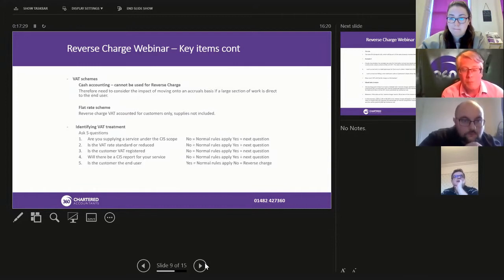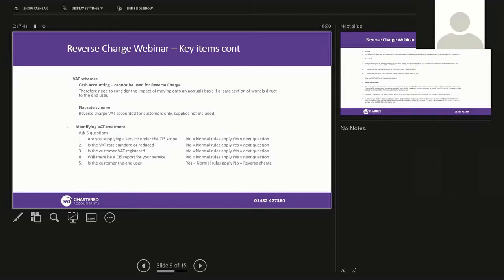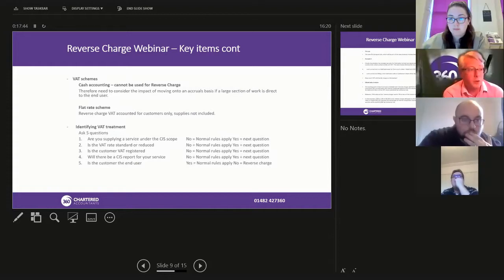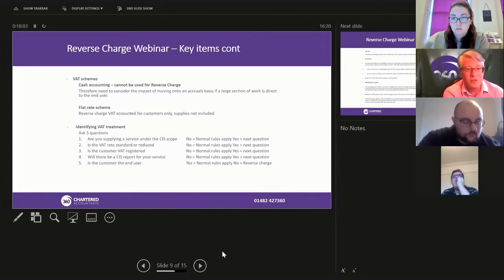So it can be a disadvantage to use the flat rate scheme, whereas previously you could get an advantage if you were charging your customer the normal rate of VAT, but you're only paying VAT over to HMRC on the lower rates, depending where you are on the percentage under the flat rate scheme. Both of those schemes you need to have a look at, going on traditional methods, and see how the cash flow advantage or disadvantage applies. But again, we can help people to look at the differences between the two.